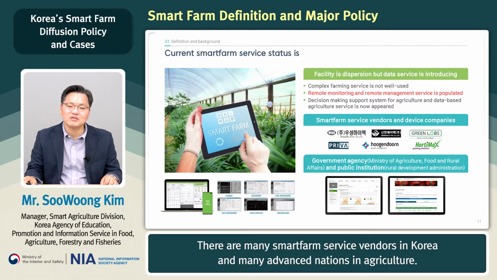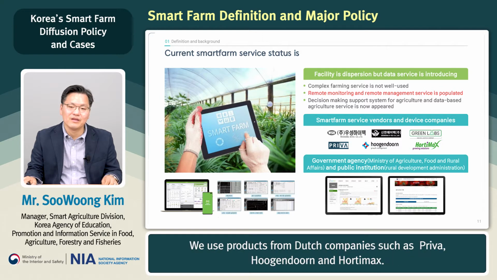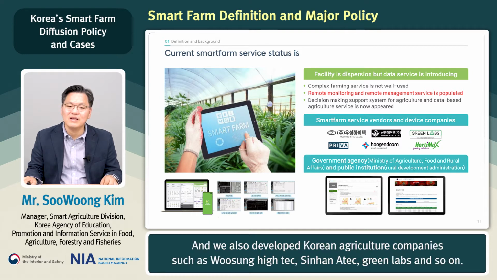There are many smart farm service vendors in Korea and in many advanced nations in agriculture. We use products from Dutch companies such as Priva, Hogendoorn, and Ultimax. And we also developed Korean agriculture companies such as Wusong High-Tech, Sinan A-Tech, Green Labs, and so on.